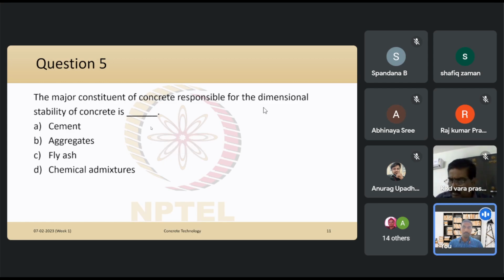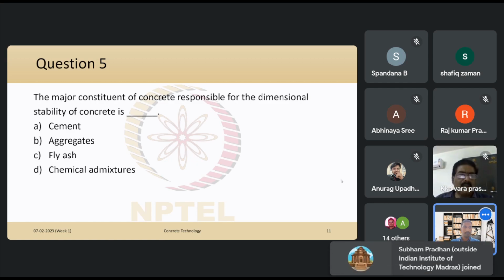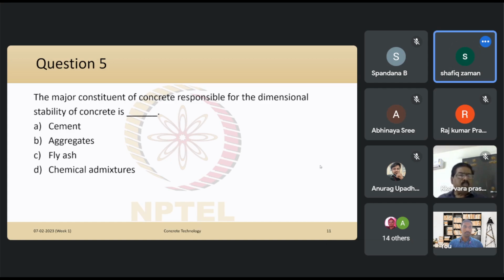The options are cement, aggregates, fly ash, chemical admixtures. Aggregate.